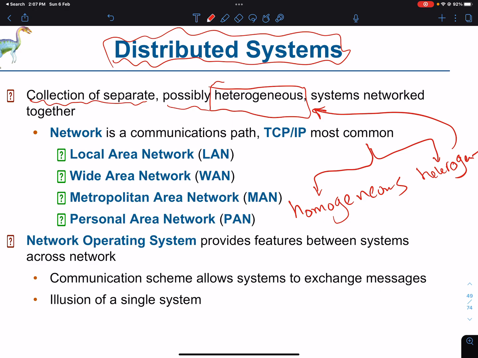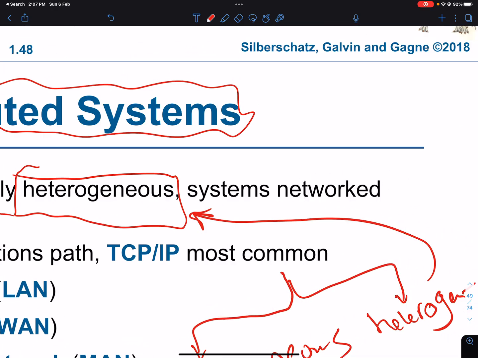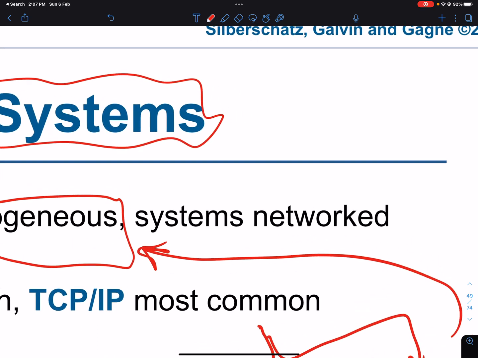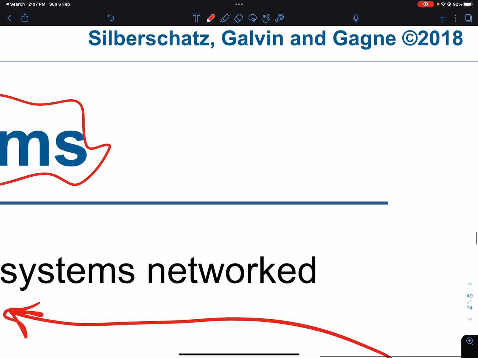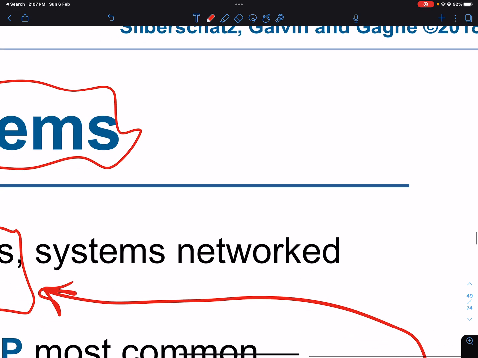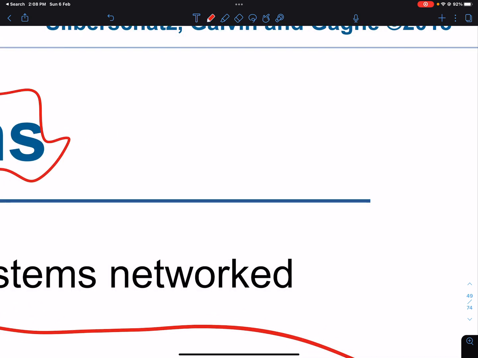I don't want to leave this point because I want to talk about something here. In this book and in most of the operating systems books, they address homogeneity and heterogeneity based on the architecture, so the hardware architecture, and maybe also the operating system, which is something I don't really agree with.